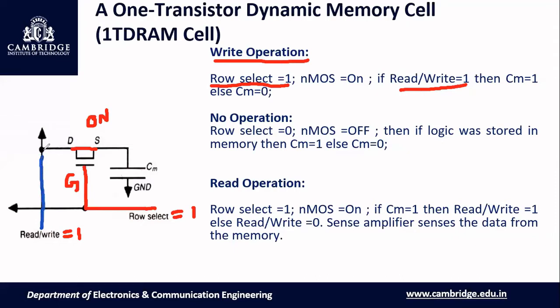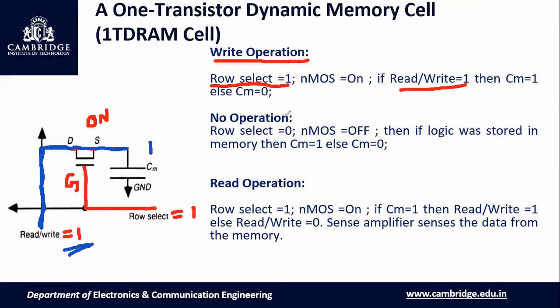Since this NMOS transistor is on and read or write is logic 1, the current will flow like this. Since the channel is formed in this transistor, current will flow and it will charge this capacitor.